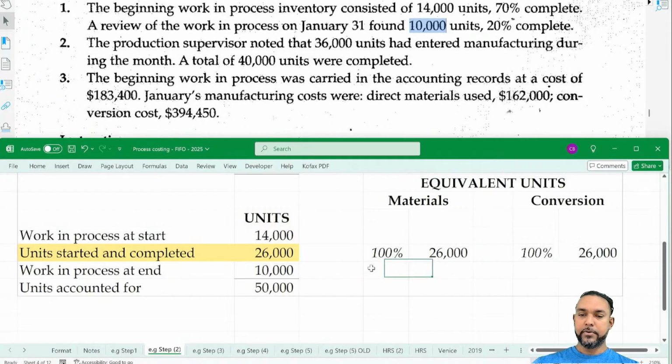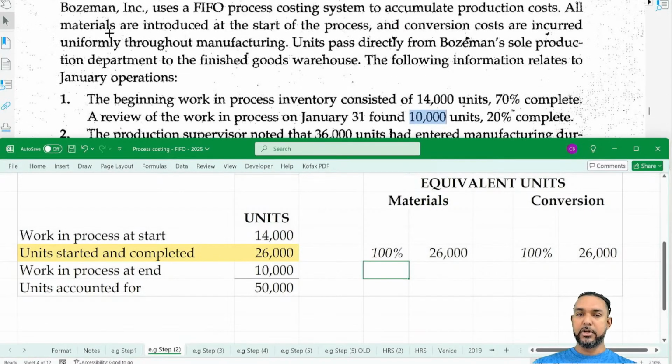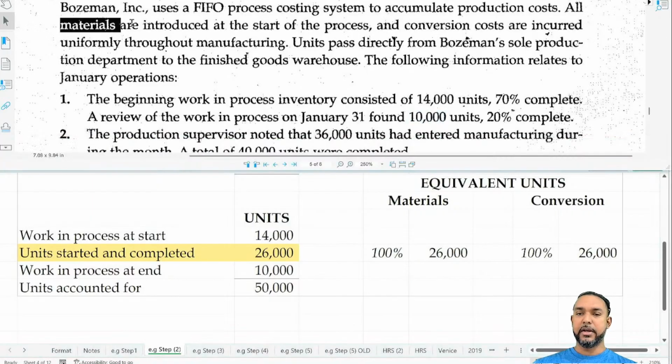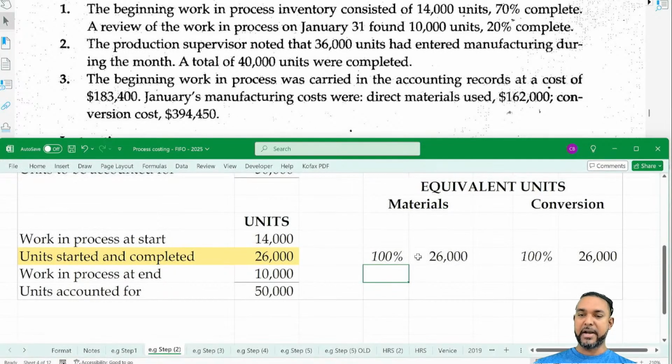All right. Now, for work in process at end, remember the assumption it told us was that all materials are introduced at the start of the process. So even though we have work in process at end, which we know by nature is incomplete, based on the question's information, it's complete with respect to materials.